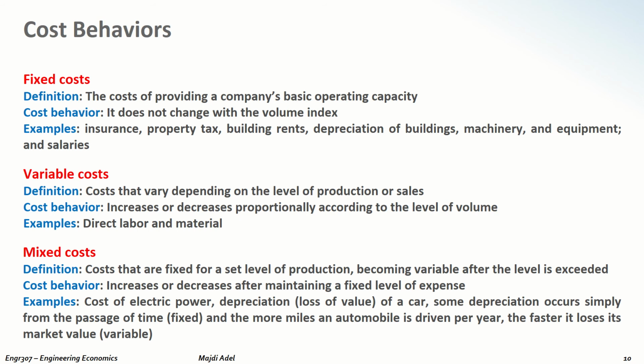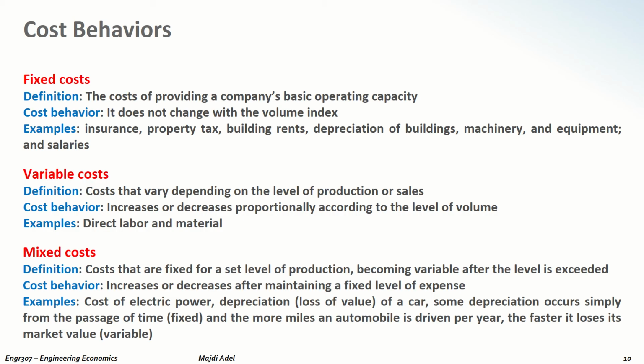So from this point of view, I can classify cost into three categories: fixed, variable, and mixed cost. Fixed cost is the cost that doesn't change with the volume index. Regardless of what I produce, what I sell, what I do, it will remain constant, regardless of how many units I'm producing, how many kilometers I'm driving, how many kilowatt hours of electricity I'm producing.